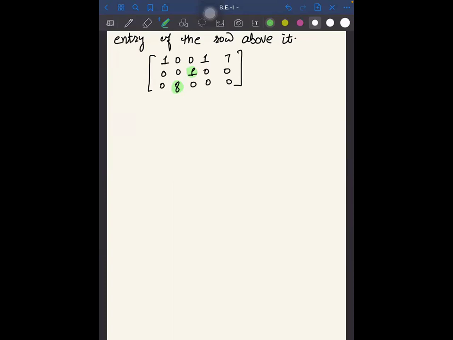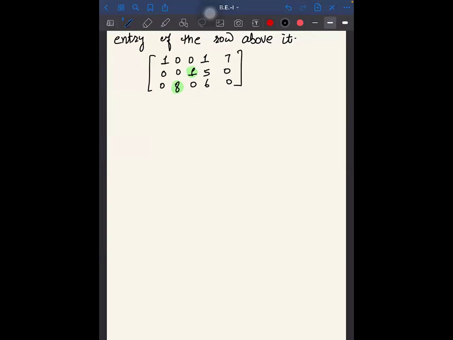Yes, sir. So what is the leading entry actually? Leading entry means the first non-zero entry, right? Let's say, in order to make you understand, I'll replace it by 5 and 6. Those 5 and 6 are not the leading entries of R2 and R3, because we consider the first non-zero element of a row as the leading entry.